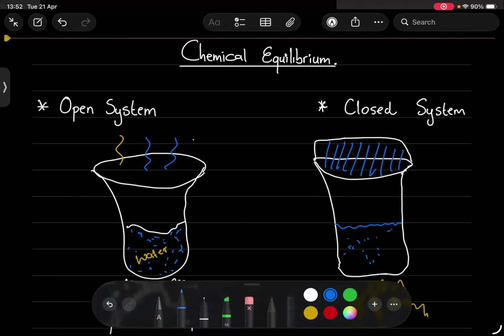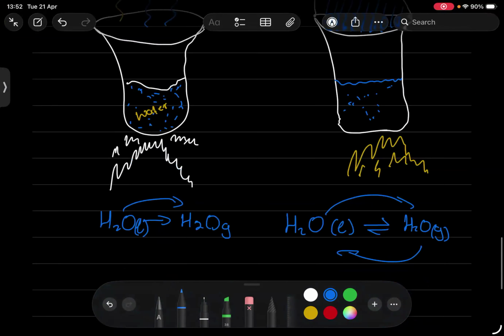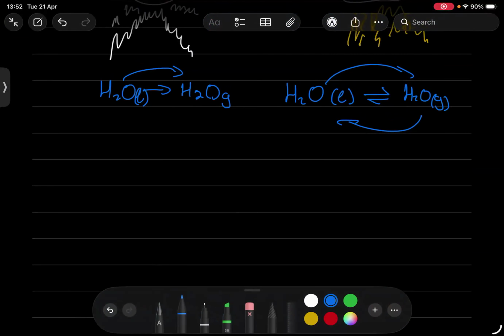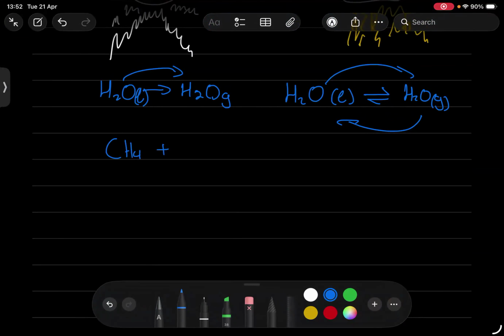Just like whenever you are producing something, let's say for instance a combustion reaction. Let's say you have CH4 plus O2. Obviously, you're going to form H2O plus CO2, right?